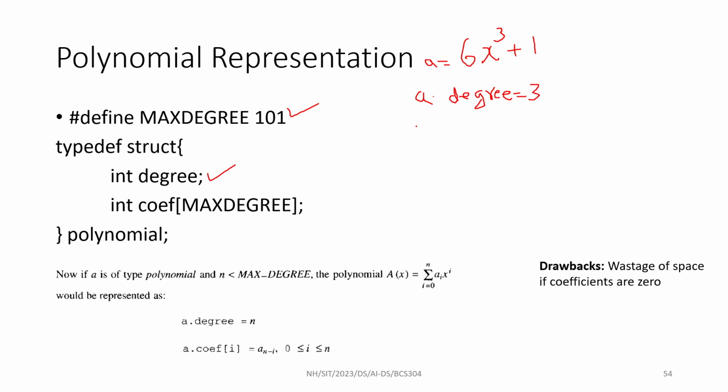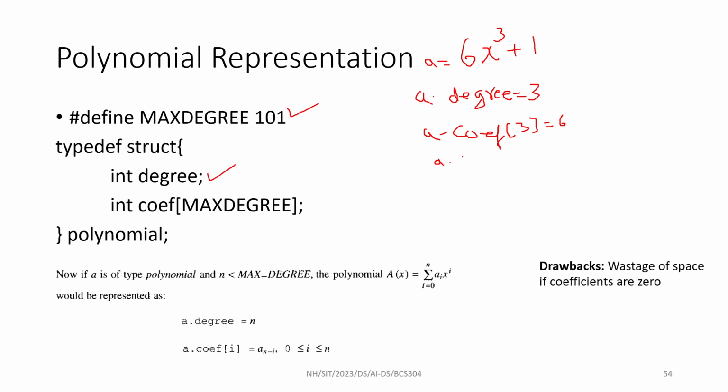Then a dot coefficient, the first coefficient, second coefficient, like that you would repeat for all the things. That is A dot, 3 times you have to repeat. A dot coefficient of 3 is 6.